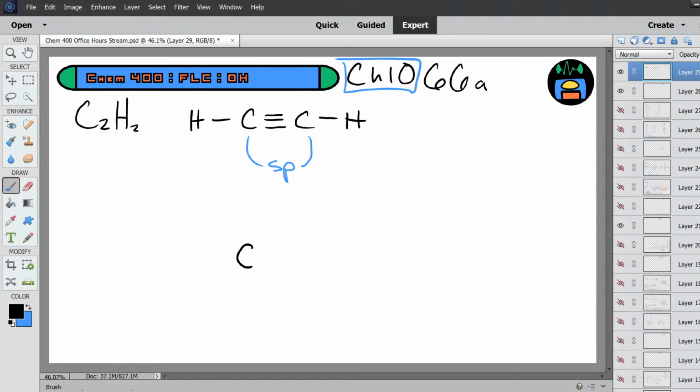Now, the carbon on the very left is forming a sigma bond with hydrogen. It is also forming a sigma bond with the carbon on the right. The carbon on the right also forms a sigma with its respective hydrogen.